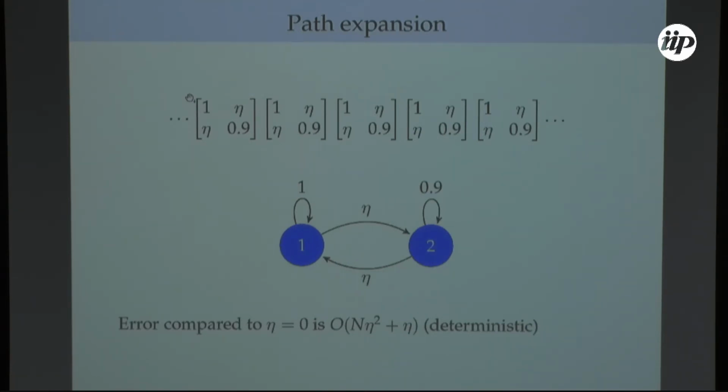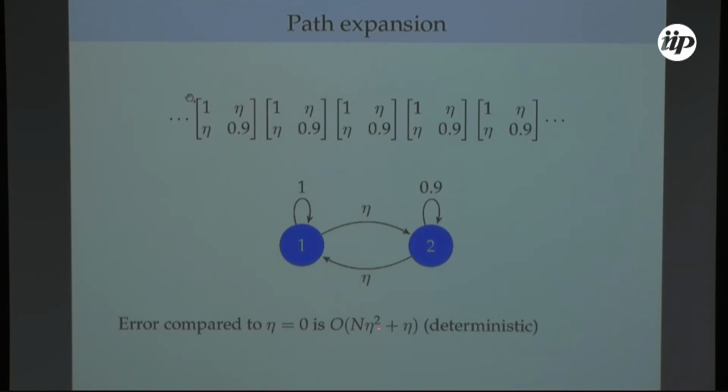So, for example, if you wanted to understand how far off you are in the first entry by just dropping the etas, well, you have to take some products here, and at some point you'll go over here using an eta, then you stay here for a while and you go back. So you go forward and you go backward, and you basically have to go forward and backward at the same time. Because if you spend too long, the 0.9s start to add up and you have exponential decay.